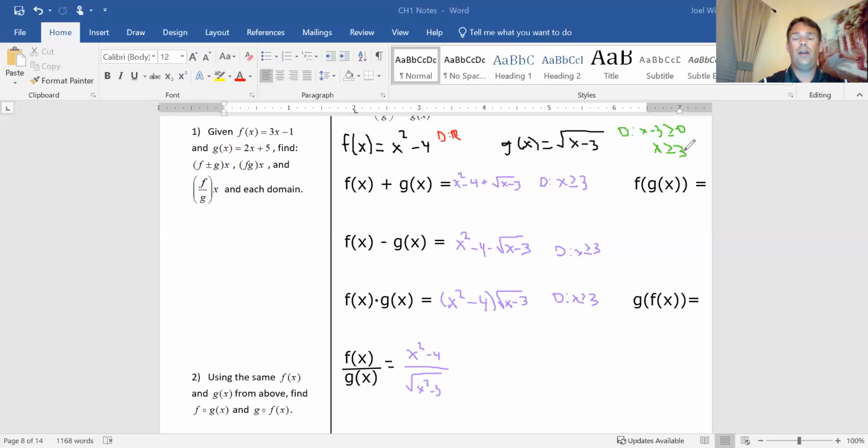So we're starting with that idea of x is greater than or equal to 3, but notice on this one, that radical is in the denominator. So while the original domain said that x minus 3 has to be greater than or equal to 0, we know that if there's a denominator, it can't be equal to 0. So I have to take that one away.